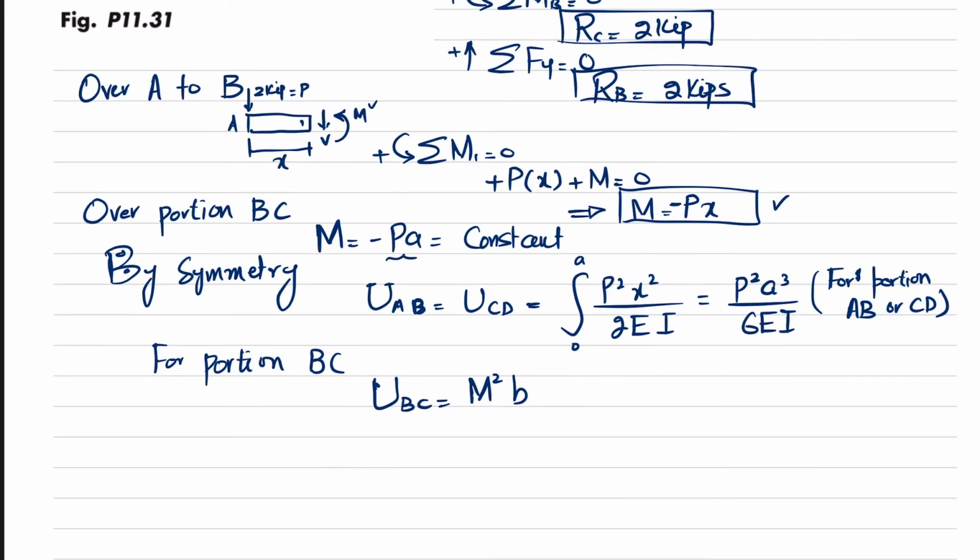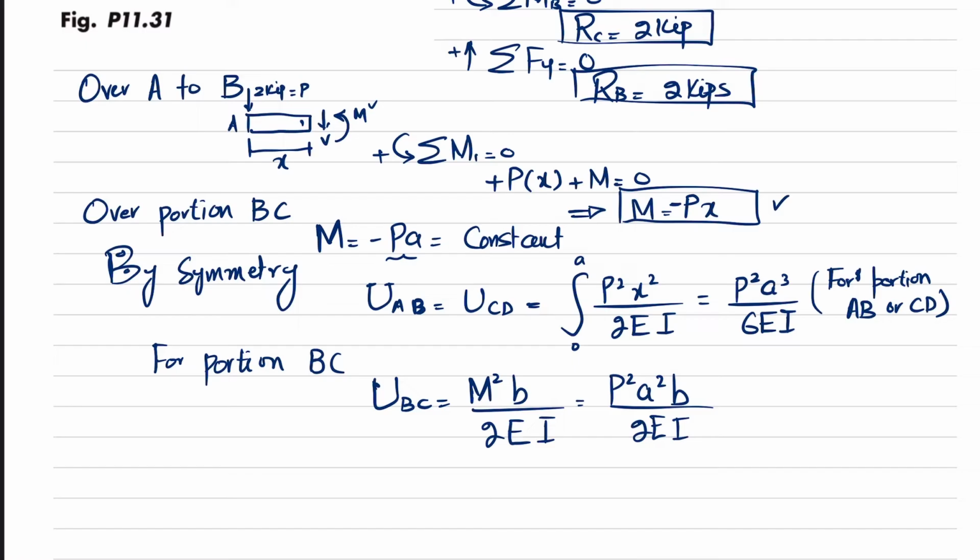So M square b divided by 2EI. You can put the value, M is minus P, so UBC is P square into a square b over 2EI.